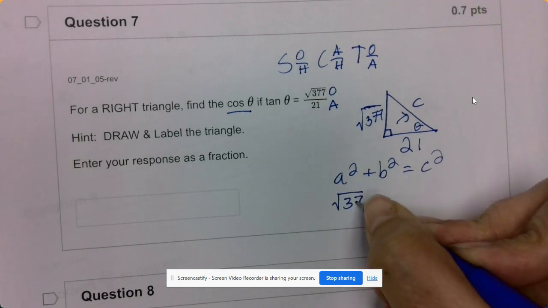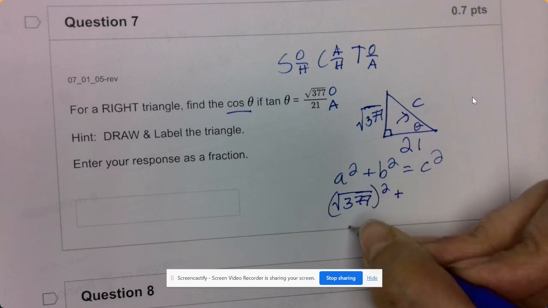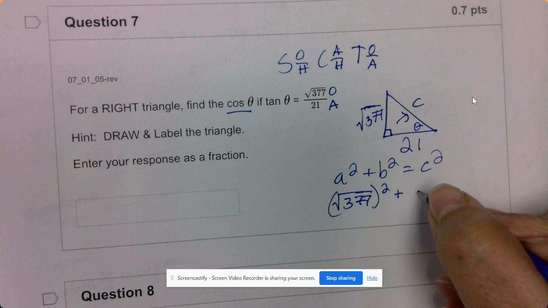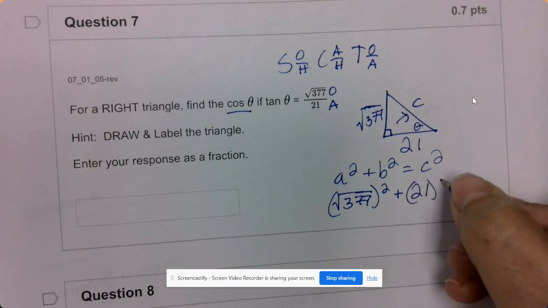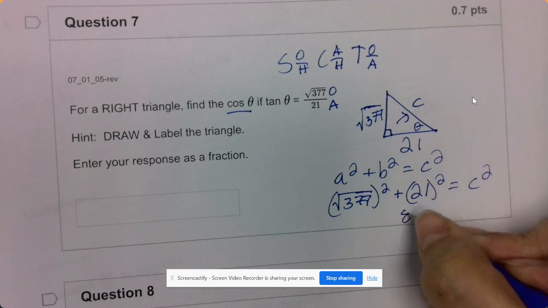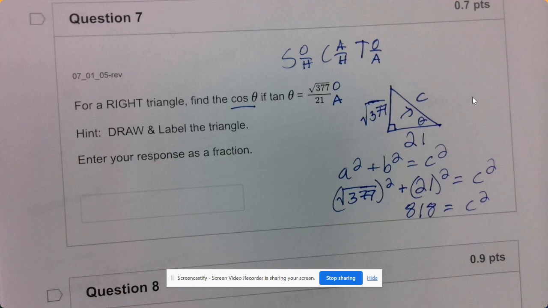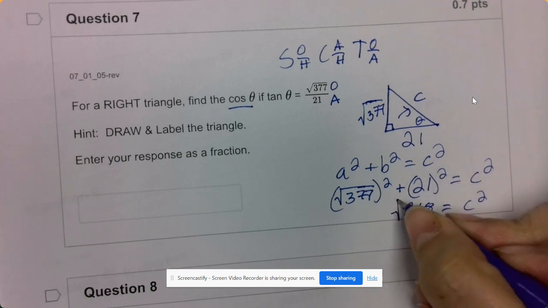If I square root everybody, it just is going to become that number that's inside a variable. Think of it like it cancels it out. Okay, so I get 801. Take the square root of both sides to get to the root of the problem.